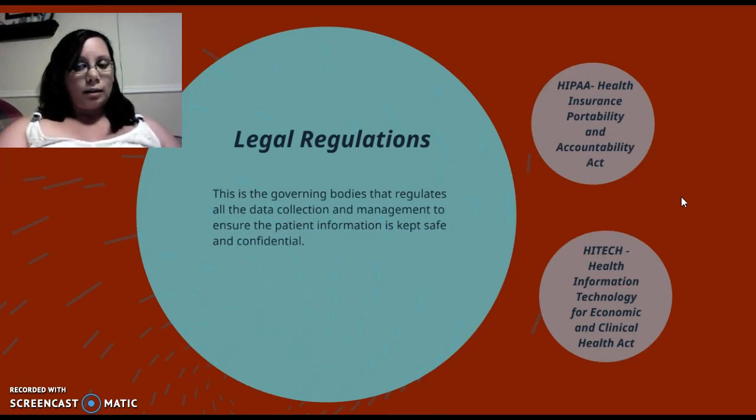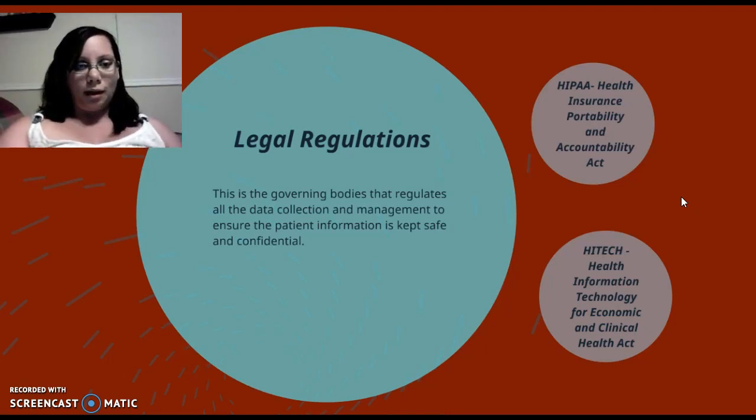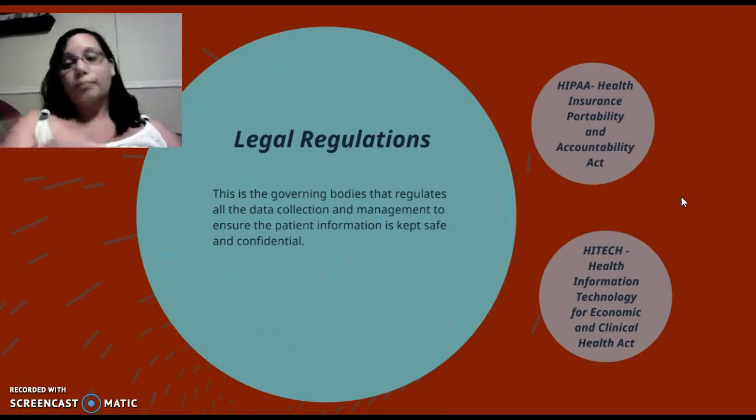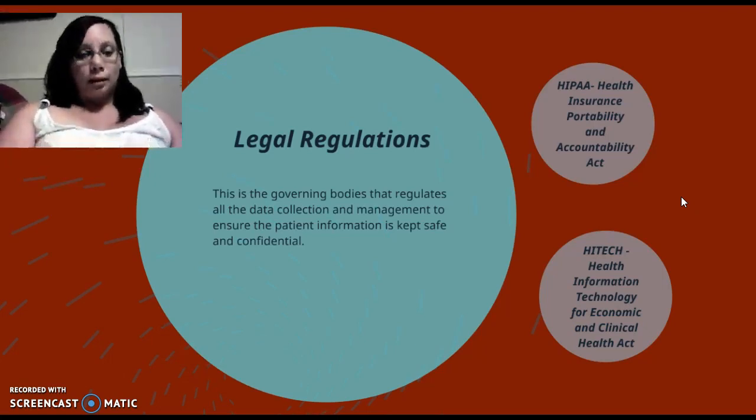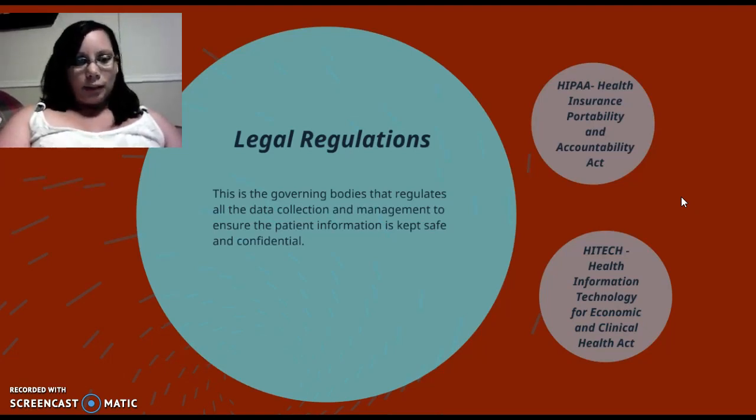And then there's also the HITECH Act, the Health Information Technology for Economic and Clinical Health Act, which is actually pretty important because it allows the technology part, like the electronic medical records, to be involved, but it also makes sure that we are all protected, not only as nurses, but as patients as well.